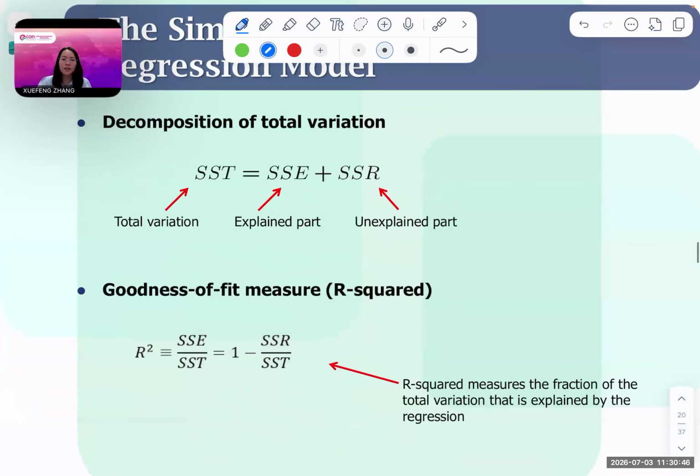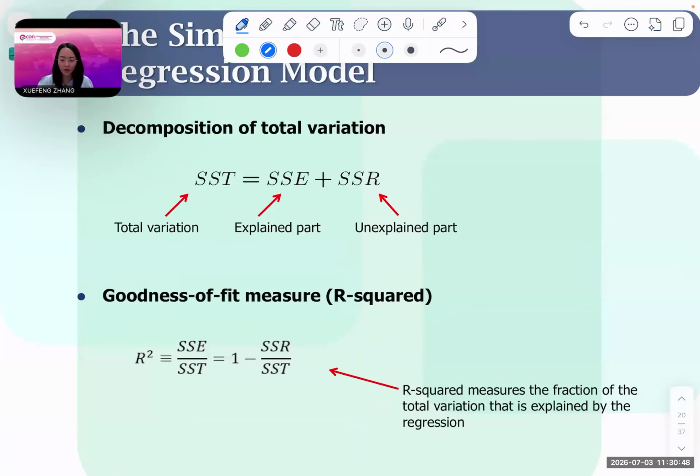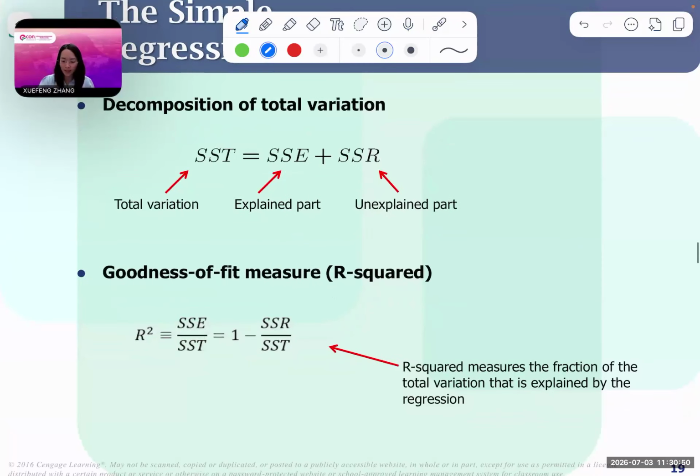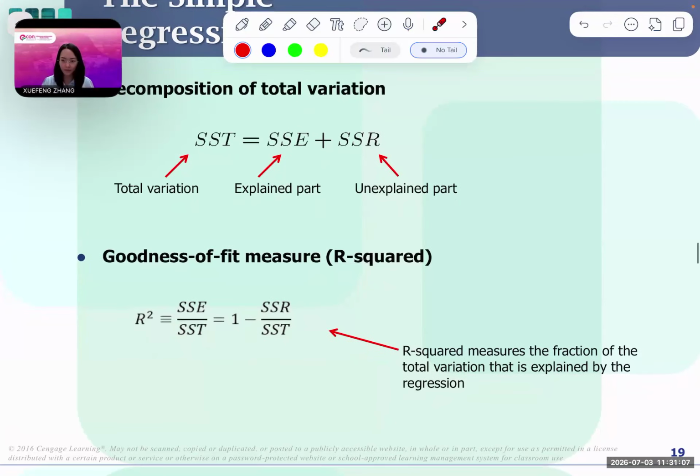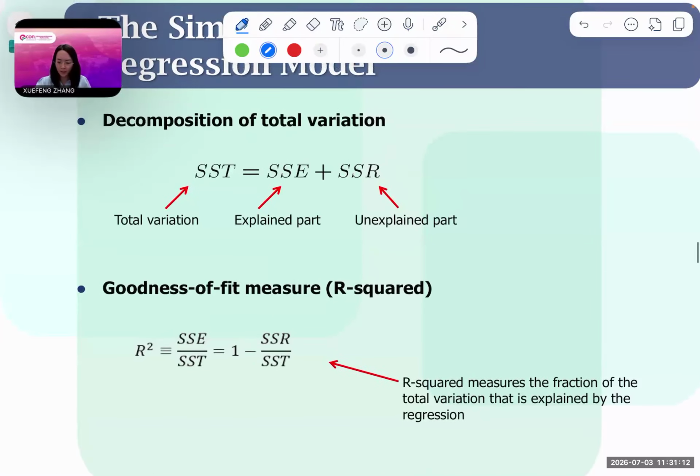Let's see the relationship, or decomposition, of total variation. The relationship here is always true: total variation equals explained part plus unexplained part, which means SST equals SSE plus SSR. Let me write it down.